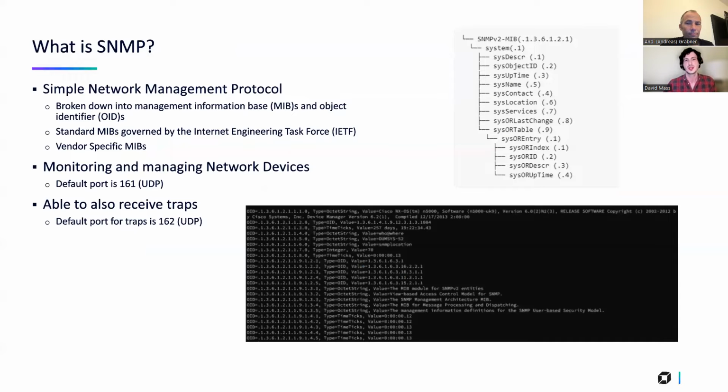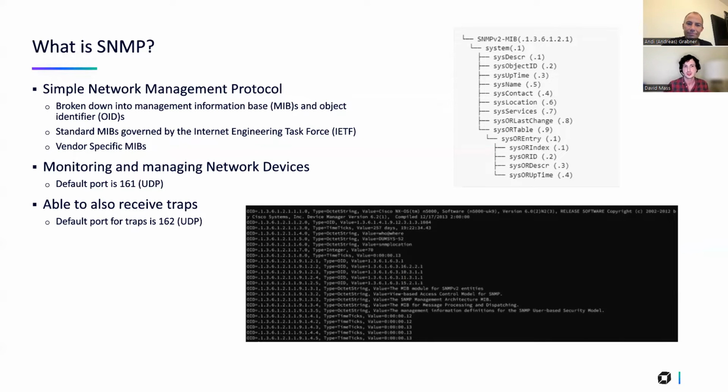So just an overview of SNMP. Simple Network Management Protocol is what it stands for. It originated back in the 80s to help with network monitoring, but also network device management. If you're at all familiar with SNMP, you may hear these other terms, MIBs and OIDs.